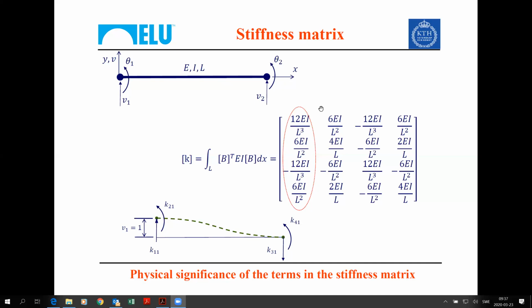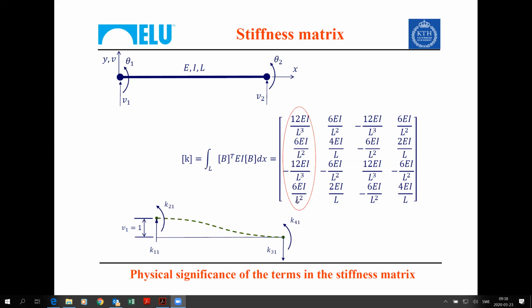Once again, I would like to stress the physical significance of a column in this stiffness matrix. These are the forces that I need to apply to the beam in order to maintain a particular deformed shape.